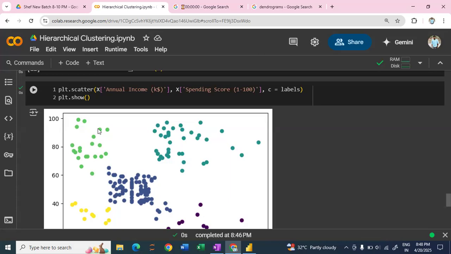And in the next class, next week, we will start PCA. PCA stands for Principal Component Analysis, and that is the concept of dimensionality reduction. Whenever we work on a data set, the main problem is that we have a lot of dimensions.